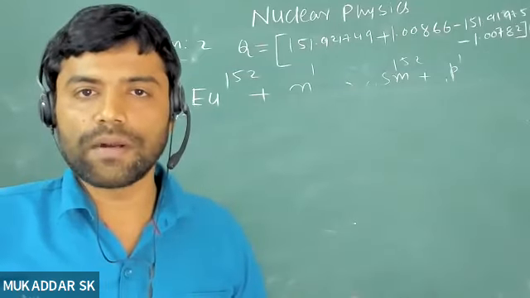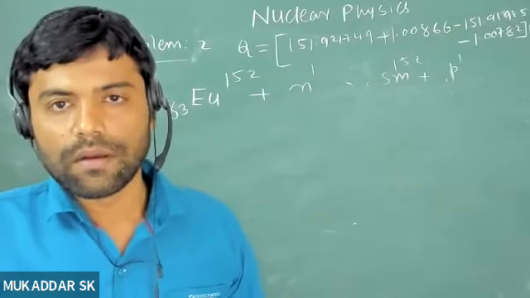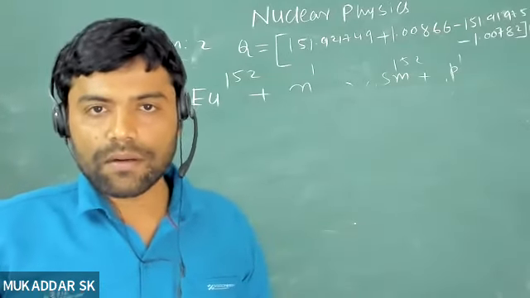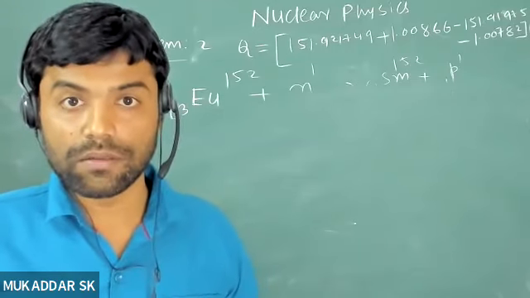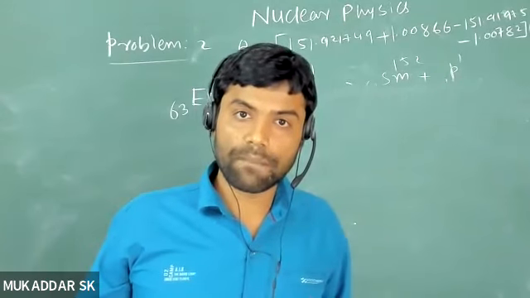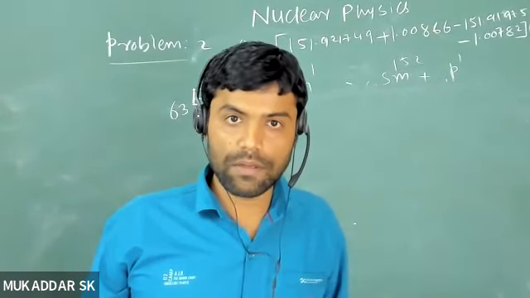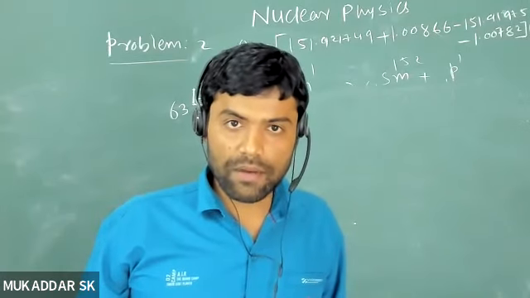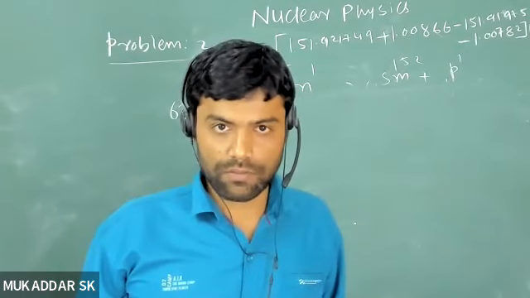It can predict the most stable nucleus for a given isobaric family. It can predict binding energy with very high accuracy. So these are the applications. It can describe beta decay, predict the most stable nucleus for a given isobaric family, and find the binding energy of a large number of nuclei with very high accuracy.